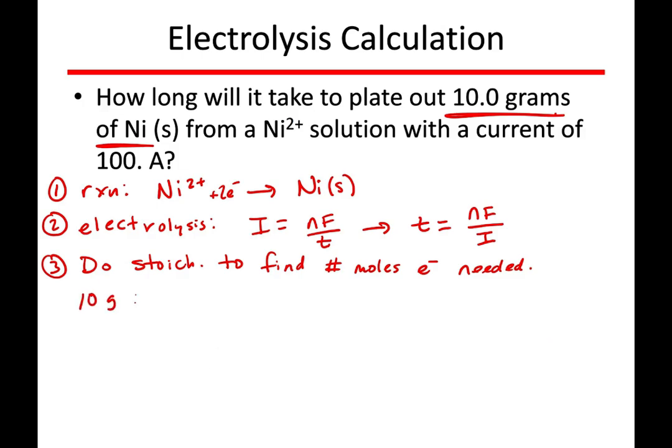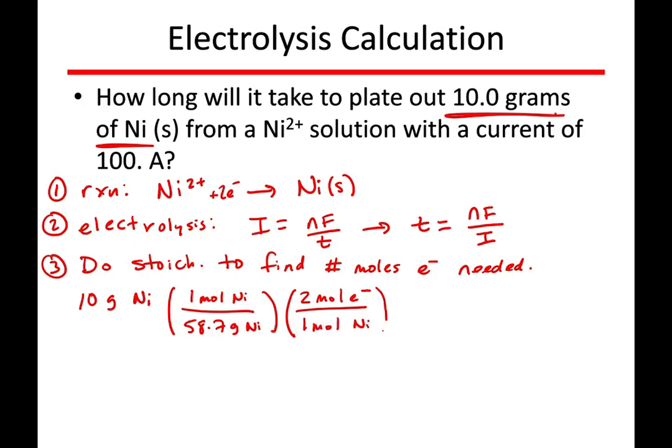So 10 grams of nickel can be converted into moles of nickel by using the molar mass. 1 mole of nickel is 58.7 grams. And now you can convert the moles of nickel into moles of electrons using the balanced reaction that we've written here. 2 moles of electrons are needed for every 1 mole of nickel.